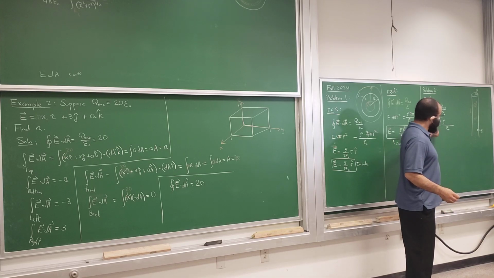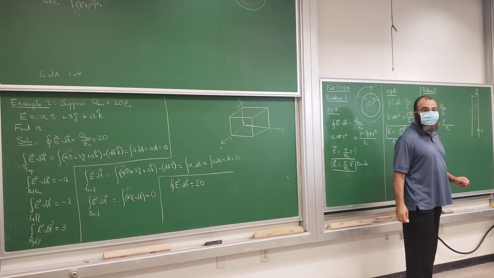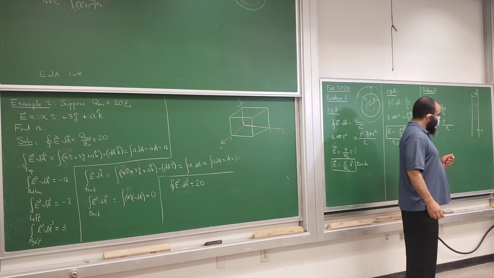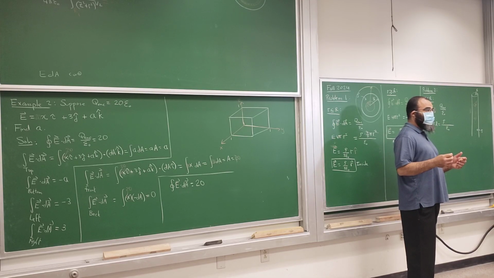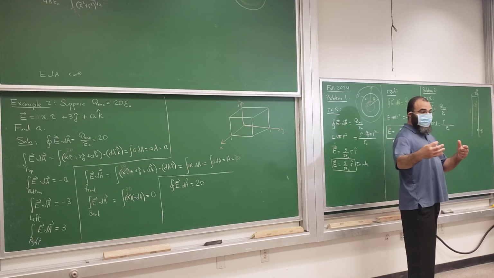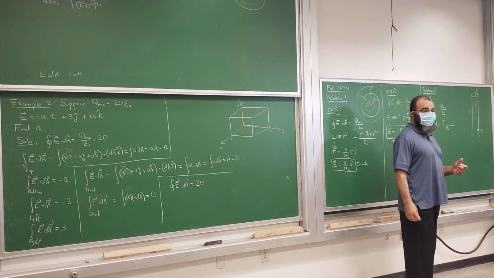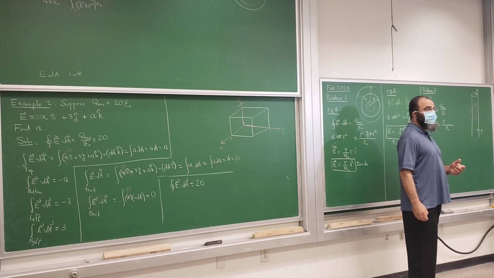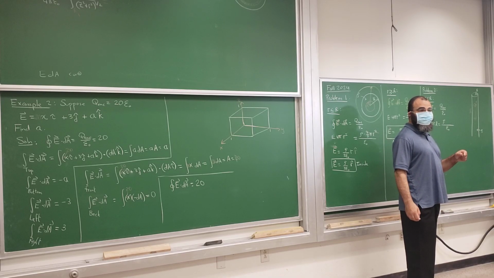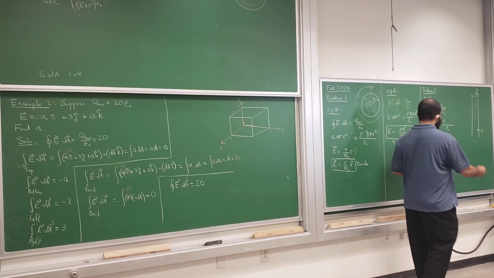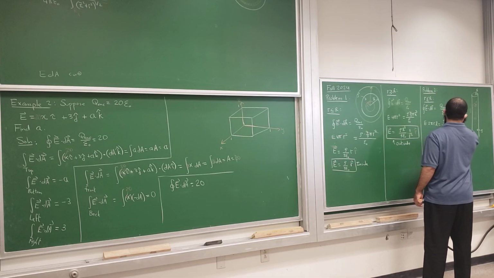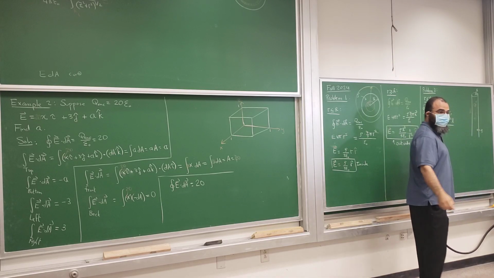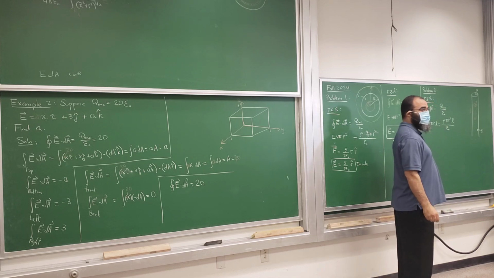Oh wait, that's not it, that's the area. The volume should be length cubed, so it should have cubic meters if we were in SI units. So it's the cross-sectional area times the height. The cross-sectional area is pi r squared times L. That's the volume of the cylinder.